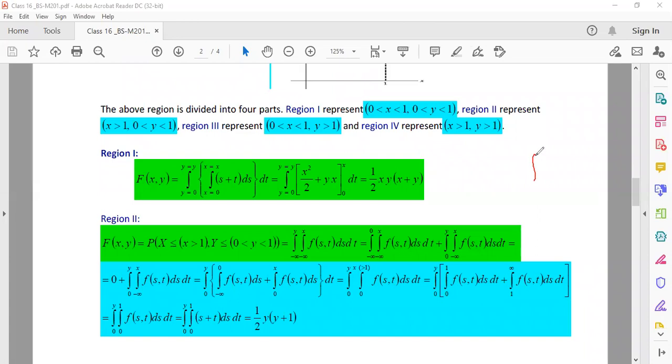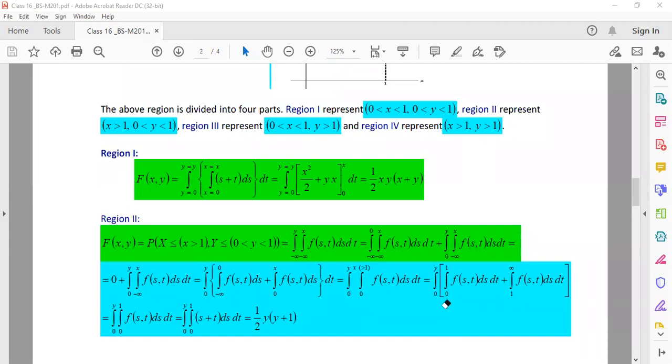Now, when I am writing that the integration is from 0 to x, you know that x is a quantity which must lie between 0 and 1. But here x can take any value strictly greater than 1, and we cannot find this integral unless we divide the region in an appropriate way.